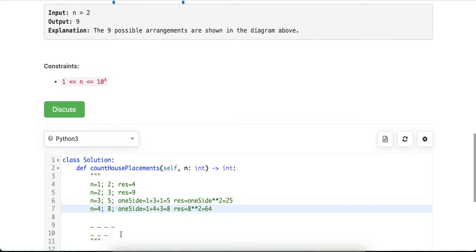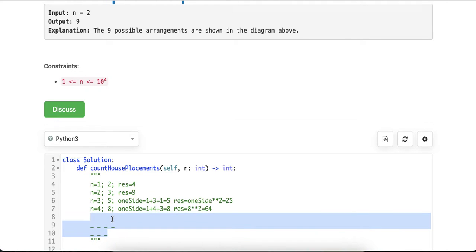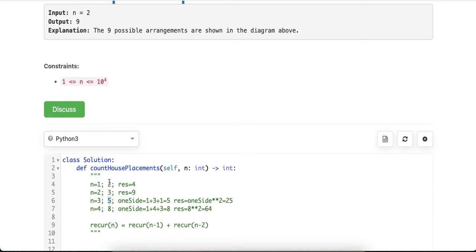If you ever did some IQ test, there is this kind of problem where you have to guess what the next number is. The pattern here is a recurrence: when we are looking at n, it becomes n minus 1 plus n minus 2, because 5 is 3 plus 2 and 8 is 5 plus 3.